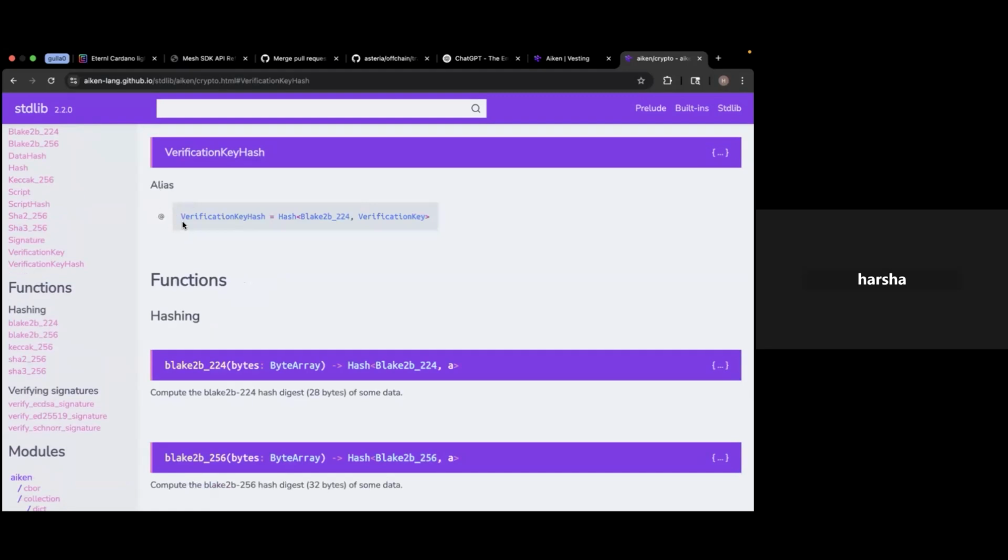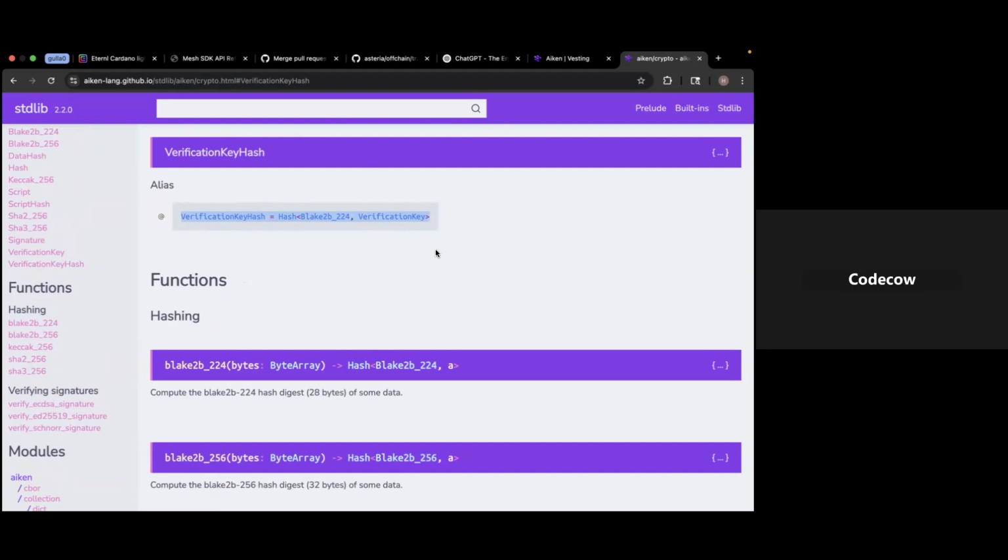So verification key hash is a type. And what is a type? A type is basically data which is structured based on this type. What do you guys think? Is that a reasonable definition for type? It's data which is structured in a specific way, and that way is called the type.